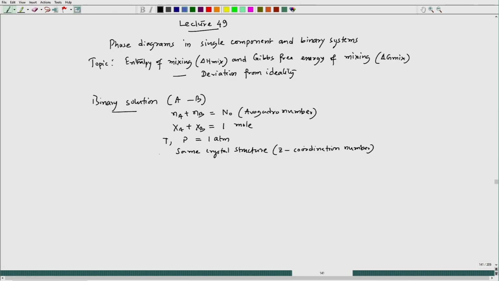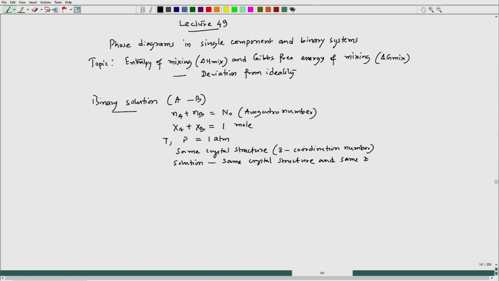And when we have solution formation, that solution would also have the same crystal structure and the same Z, which is the coordination number.